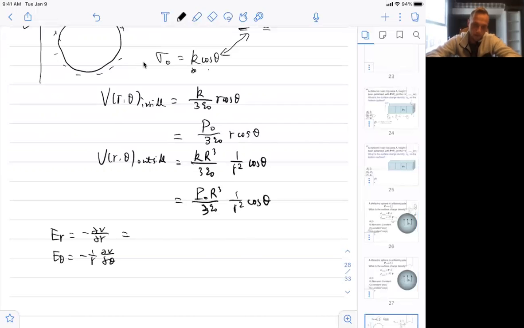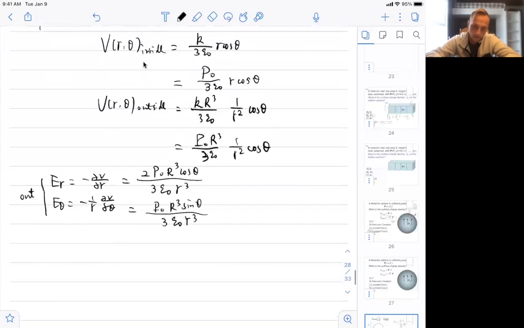And this one becomes 2 P naught R cubed cosine theta over 3 epsilon naught R cubed. And E theta is going to be P naught R cubed sine theta over 3 epsilon naught R to the power of 2. All right, so this is for E field outside.